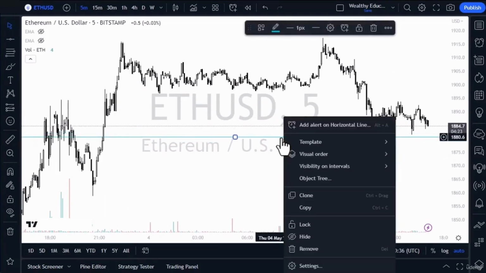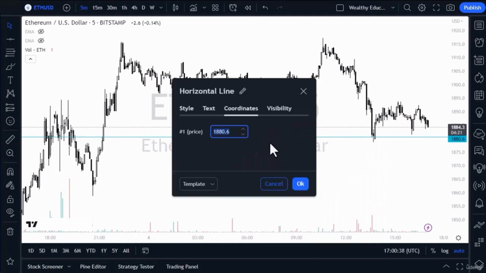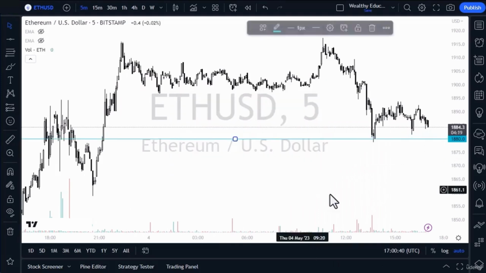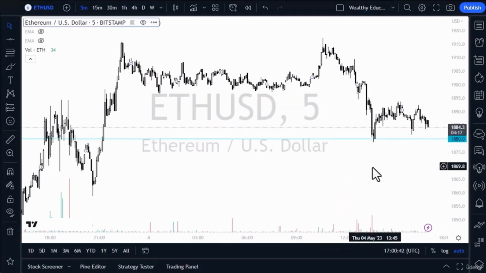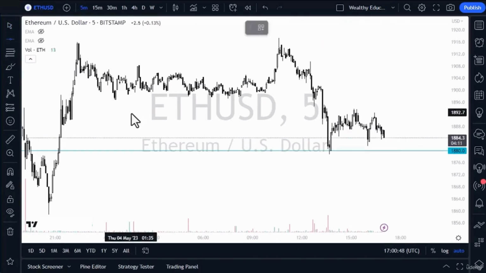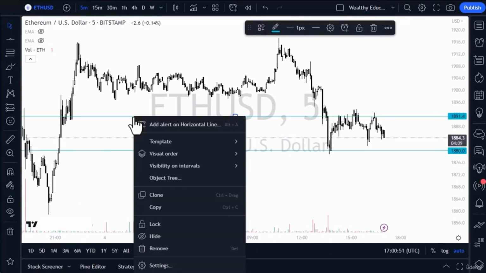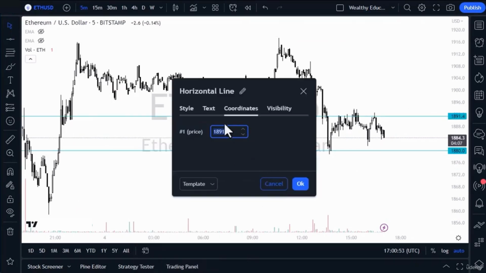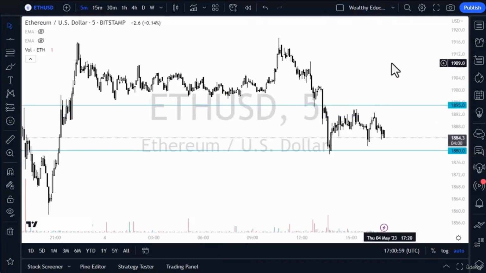Let's see what happens at 1880. You can see the 1880, it looks like support here, resistance, and then it's more important over here, it seems. You'll see that from time to time, where a level becomes more important later and less important later than that, et cetera.